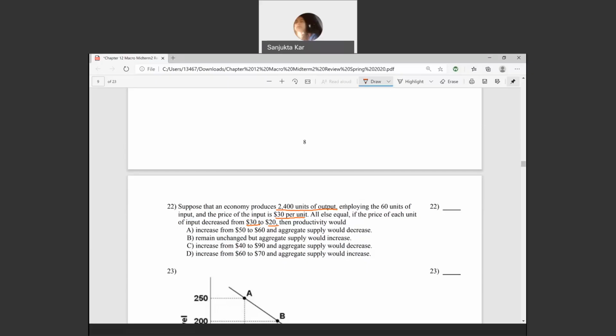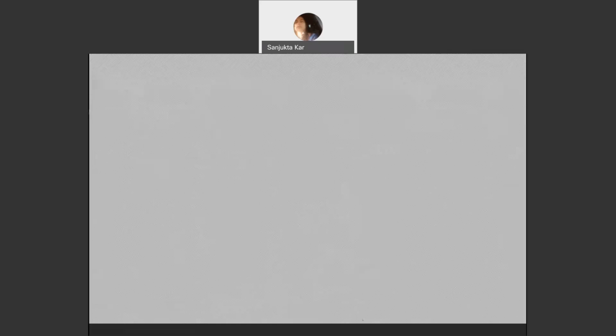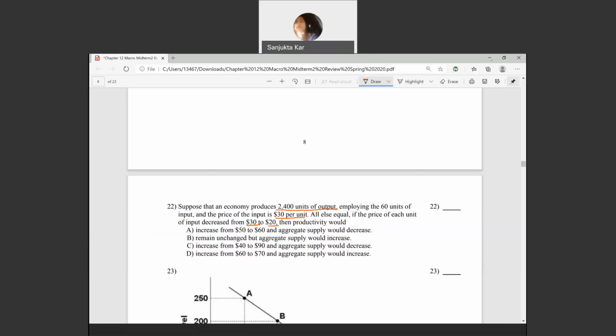All right, so what did we see here? Productivity has to do with total output over total input, as we just saw in the PowerPoint. My total output was 2400 units and the total input is equal to 60.